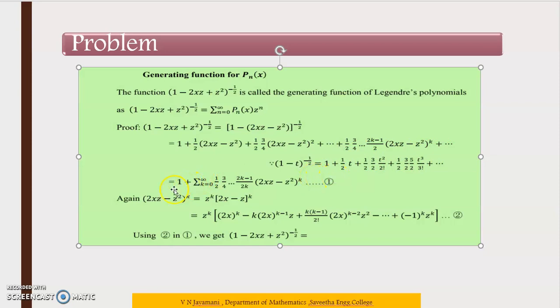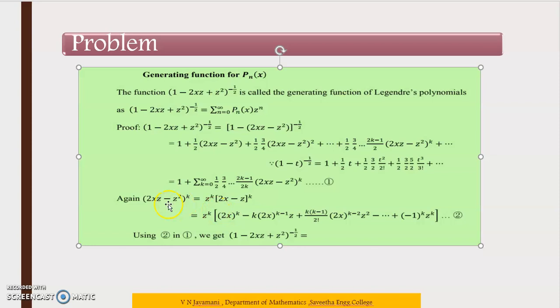This gives 1 plus summation. We have to expand by the power series, summation k equal to 0 to infinity, where (1 by 2)(3 by 4) is common for all the terms, and in the last term we have (2k minus 1) by 2k into (2xz minus z squared) whole power k. Here we have to consider (2xz minus z squared) whole power k.